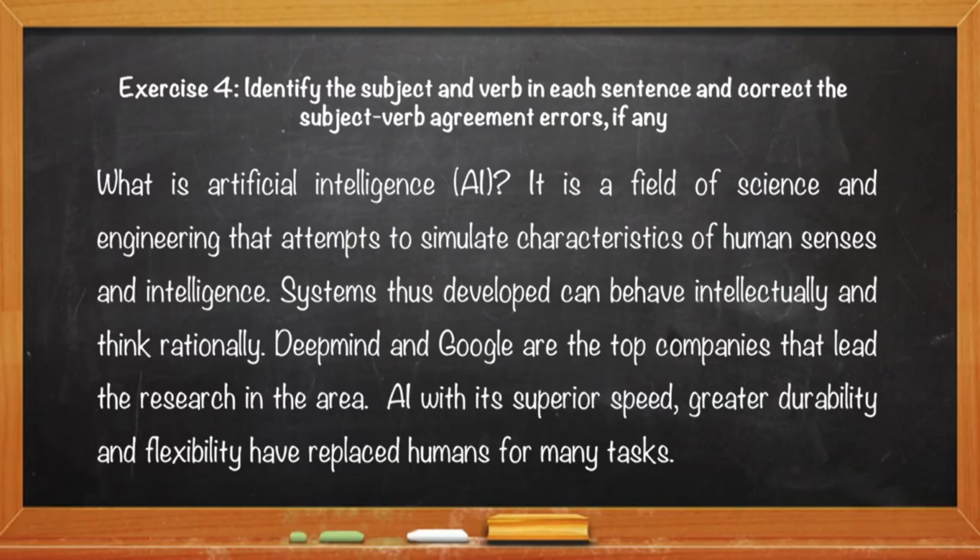DeepMind and Google are the top companies that lead the research in the area. AI with its superior speed, great durability and flexibility have replaced humans for many tasks. Now, you have to identify the subject and verb in each sentence and correct the errors if any.